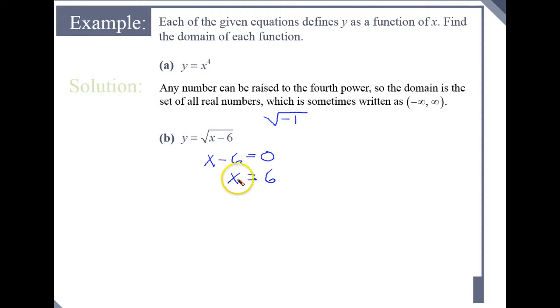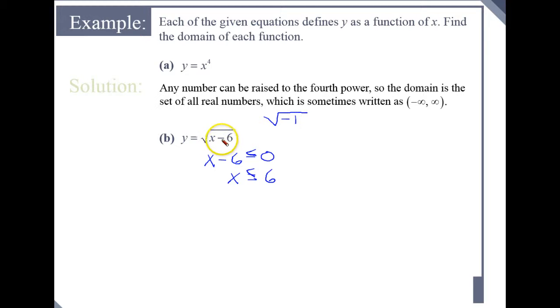So you then say, well, x can be greater than or equal to 6. x is greater or equal to 6. Now, if you have a number smaller than 6, like 5, then you would go 5 minus 6 is a -1.